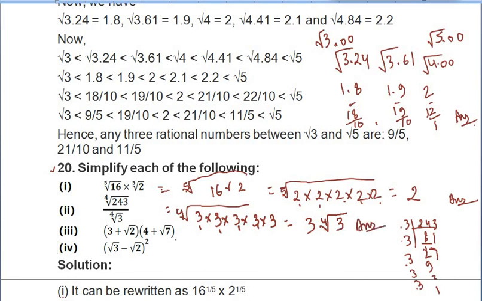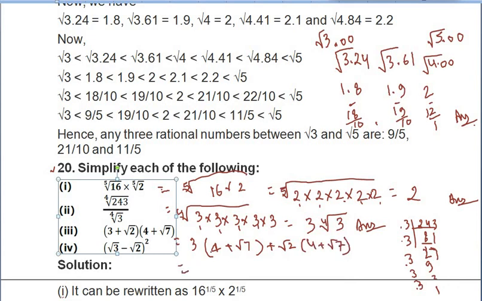This one is simply multiplication. Try to solve by yourself first. This 3 will multiply with this bracket, again under root 2 will multiply with this bracket. 3 will multiply with 4 plus root 7. Then under root 2 will multiply with 4 plus root 7.